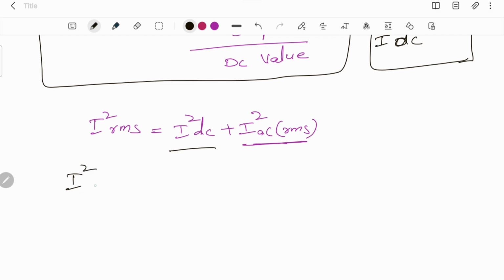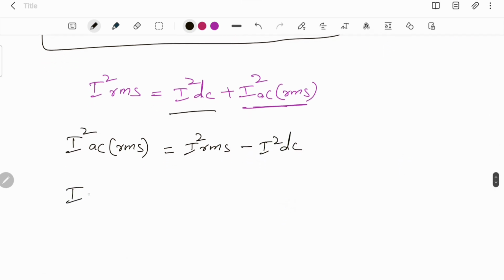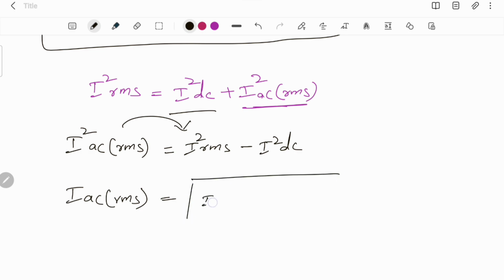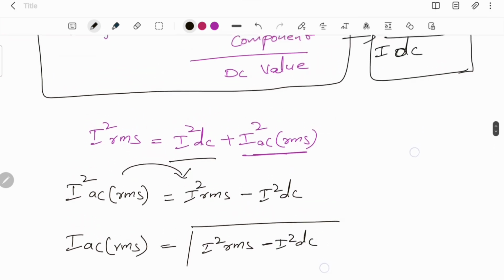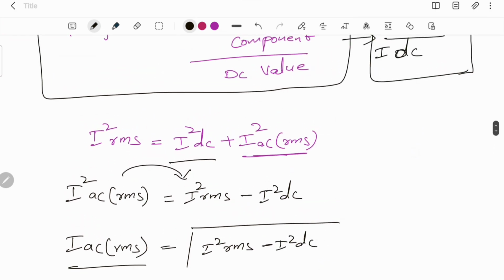So what we get, I square AC RMS is equal to I square RMS minus I square DC. So now I AC RMS is equal to, bring the square this side, this square will become root. So root of I square RMS minus I square DC.